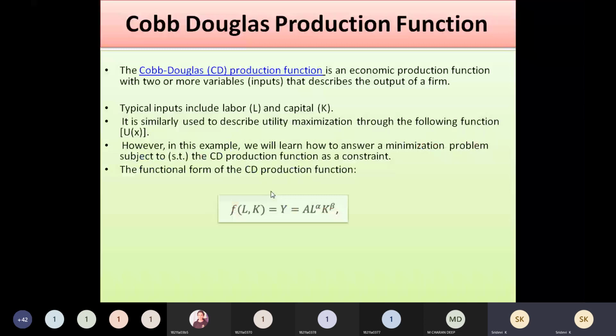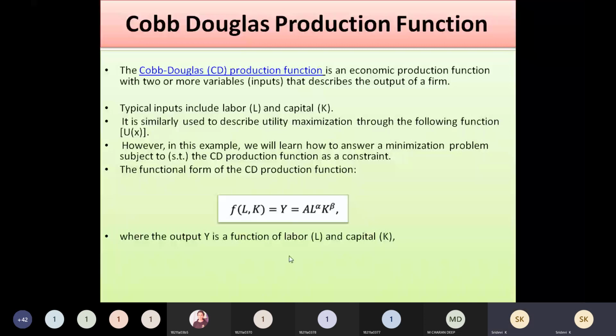See here, f of L comma K, or you can say that it is Y. So, Y is equal to A L power alpha K power beta. L stands for labor, K stands for capital, and Y stands for the output.